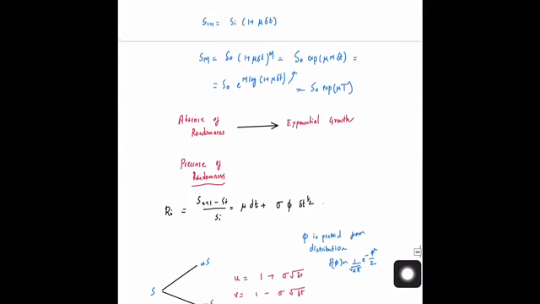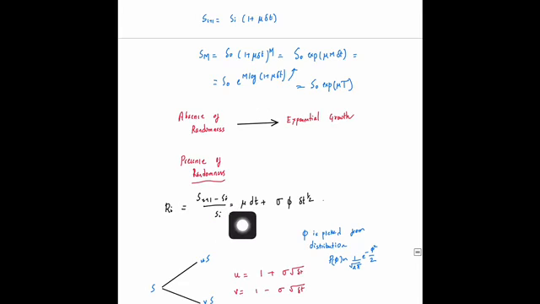Now, in the presence of randomness, you will have this other extra factor: sigma times delta t raised to 1/2. This we had seen in the binomial tree case.